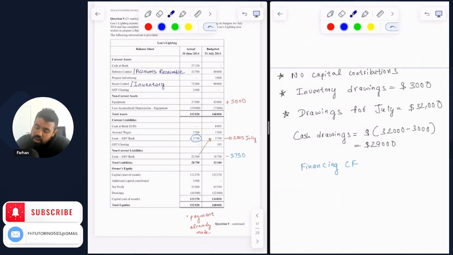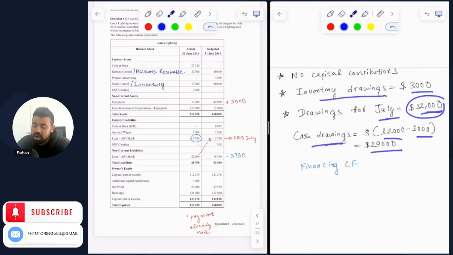If the drawings for July is $32,000, and given that out of the $32,000, $3,000 refers to inventory drawings or stock drawings, then the cash drawings would be the difference between $32,000 and $3,000, which is $29,000. Now, this cash drawing has a direct impact on the investment that's available for business purposes. So we can call this a financing cash flow, mainly a financing cash outflow because we're withdrawing money from the business.